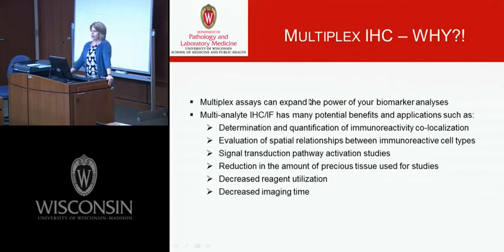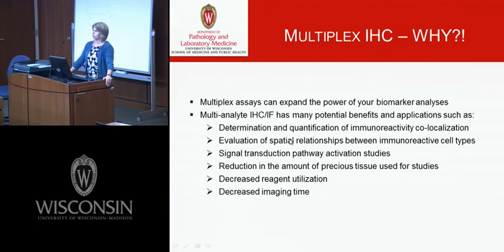So this type of assay expands the power of your biomarker analysis. Multiplexing has many benefits and applications. And so you can determine and quantify the immunoreactivity as it is co-localized within your tissue of interest, whether it be in the same compartment, so whether it's both in the cytoplasm or within the same cell, for example.